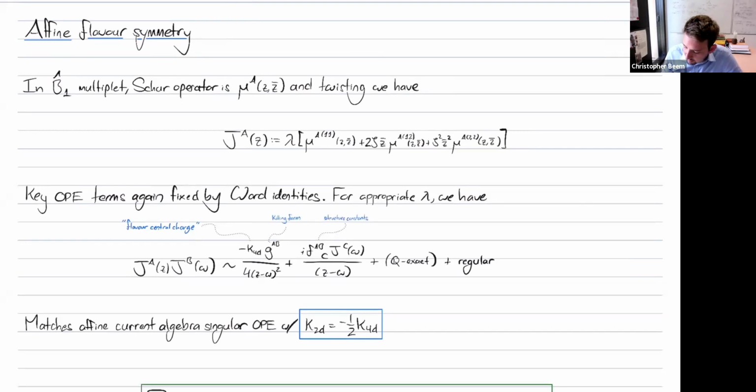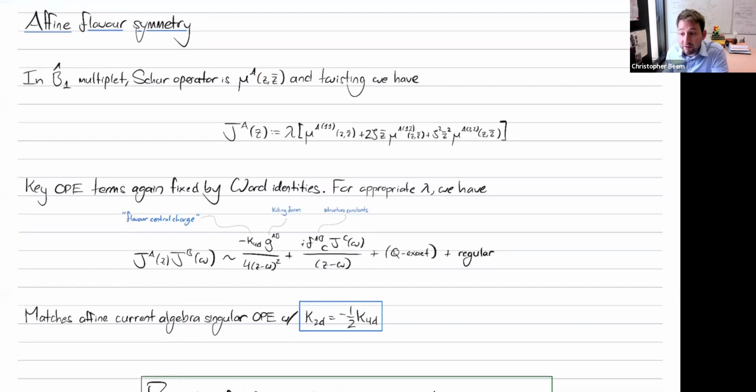So there's an avatar of a continuous global symmetry in the operator algebra, which is a so-called B hat 1 multiplet, which is the multiplet that contains the conserved current. In the B hat 1 multiplet, the Schur operator is the superconformal primary, the so-called moment map operator. So it's a scalar operator which lives in the adjoint of the global symmetry group. So this capital A is an adjoint index.